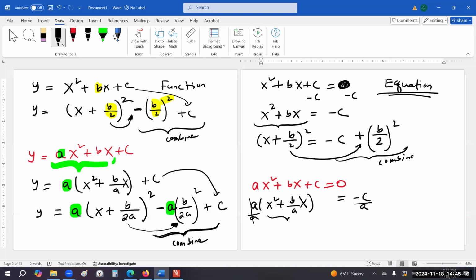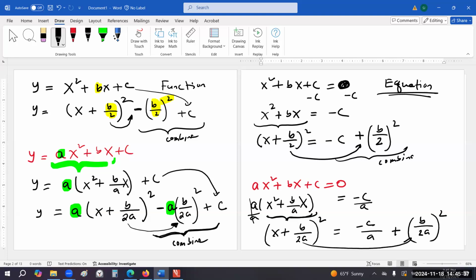And then you can complete the square, only on the inside. So we get x plus b over 2a, squared, equals negative c over a plus b over 2a squared. And since we don't have any leading coefficient because we divided both sides by it, we don't have to multiply by a.